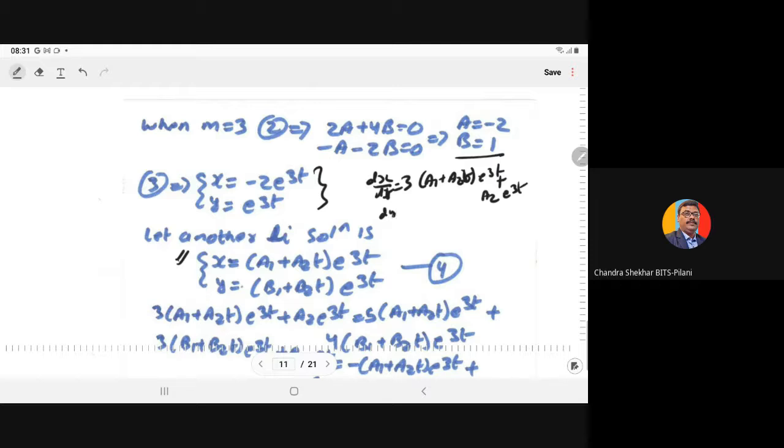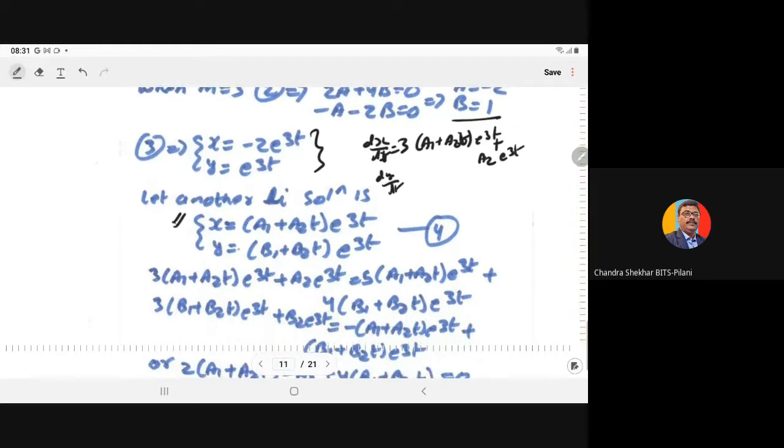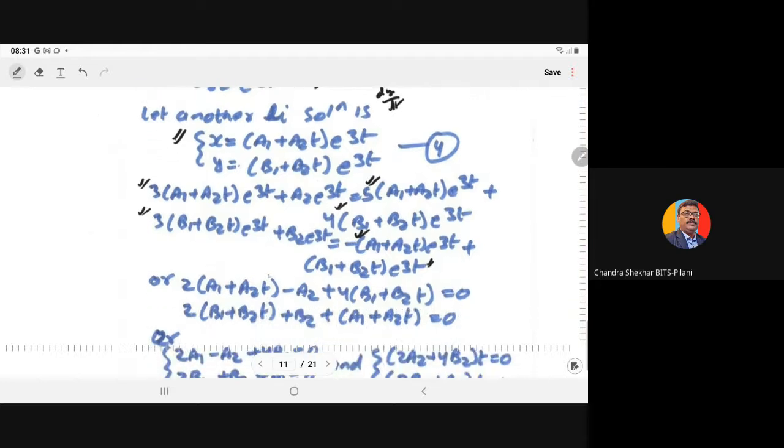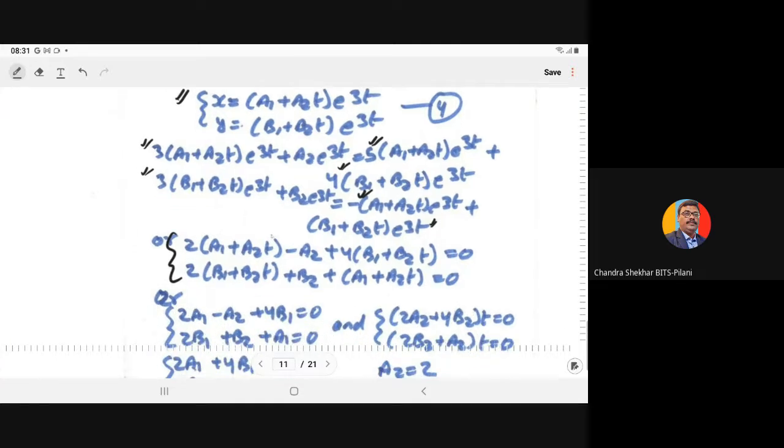Similarly, you can compute dy by dt, and on putting the values of dx by dt, which is 5x plus 4y, and dy by dt, which is minus x plus y, you will get the following system of algebraic equations.